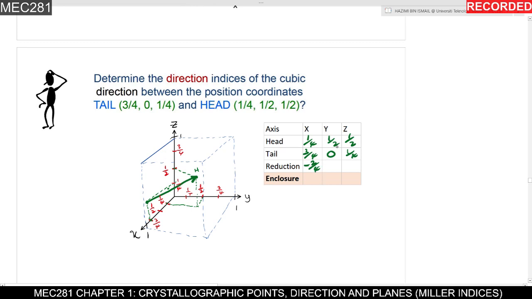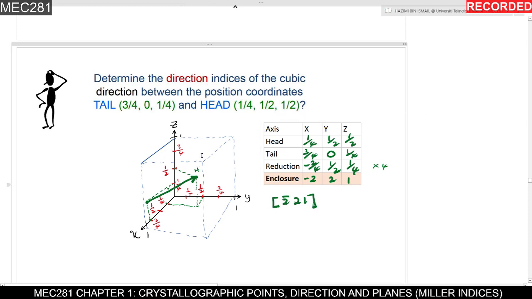Okay, 1/2 minus 0 is half. This is 1/4. Okay, so if you multiply with the 4 to get the smallest integer, so this one you will get minus 2, this one you will get 2, this one you will get 1. So the final enclosure is 2 cross bar, 2 and 1.